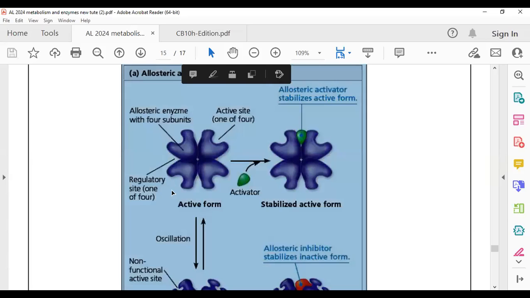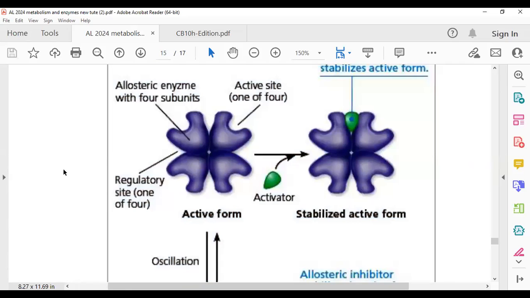So, here I am introducing you to a similar allosteric enzyme. 4 subunits, correct? Yes, sir. Each having an active site.